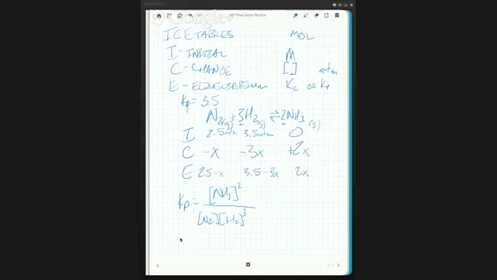So 3.5 is equal to the NH3, which is 2x squared, over N2, which is 2.5 minus x, and the H2, oops, sorry, I forgot the whole minus x thing. So very good.